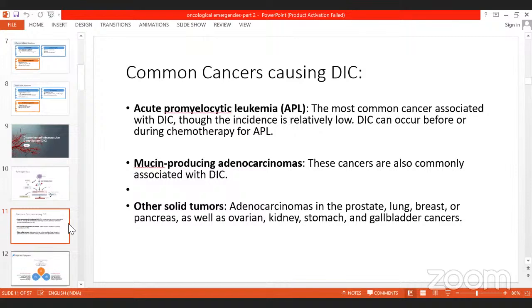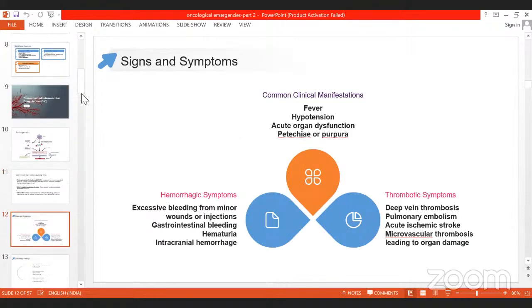The common clinical manifestations we see are fever, hypotension, acute organ dysfunction, petechiae or purpura, and hemorrhagic complications. We also see thrombotic symptoms, as DIC has both hemorrhagic and thrombotic complications.